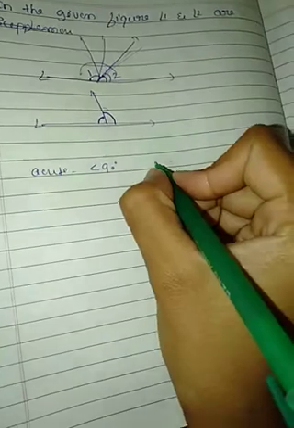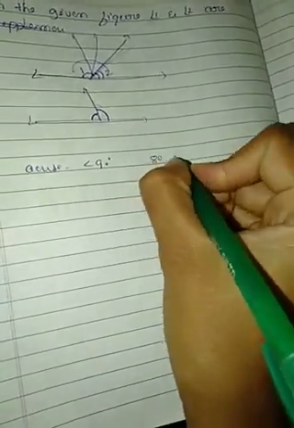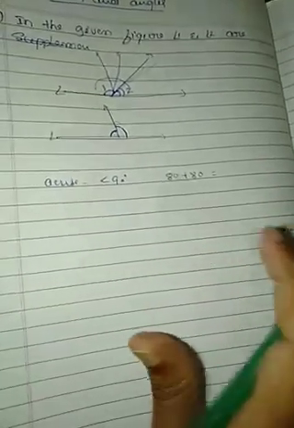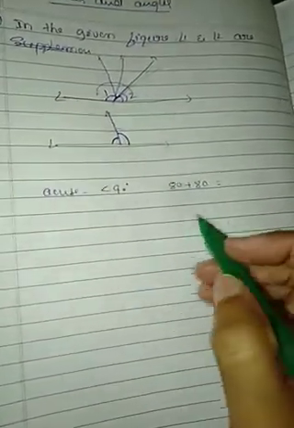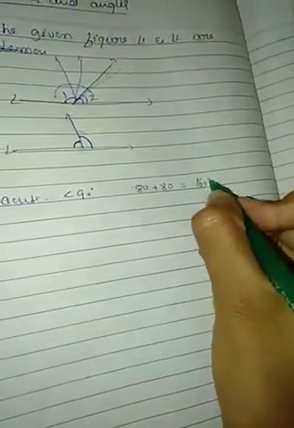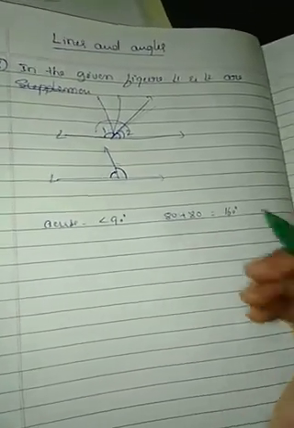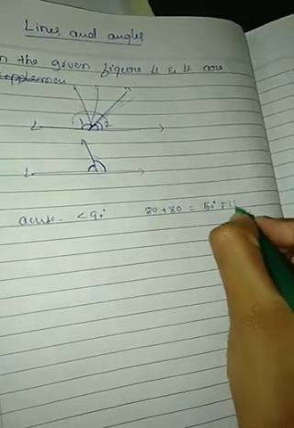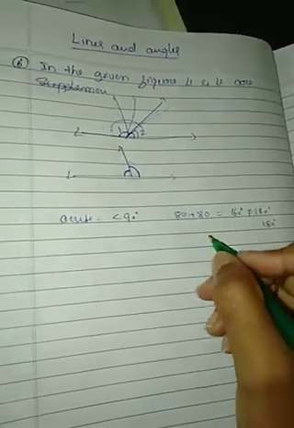If you take one angle as 80 and the other angle also 80, both are acute. When you add these two, we get 160. But supplementary means the sum of the pair of angles should be 180 degrees. So 160 is not equal to 180, so the angles are not supplementary if both are acute.